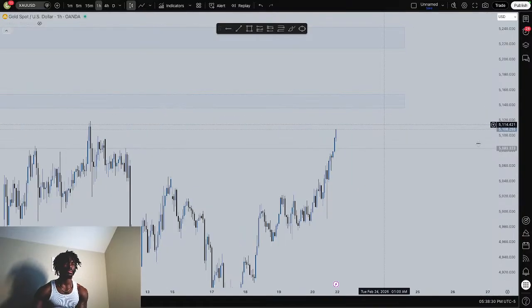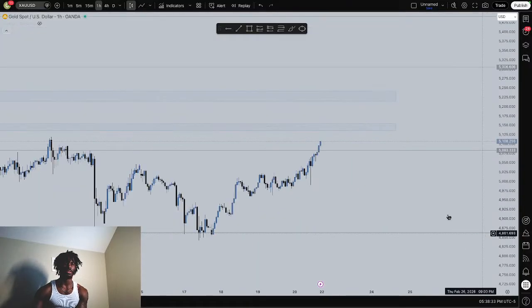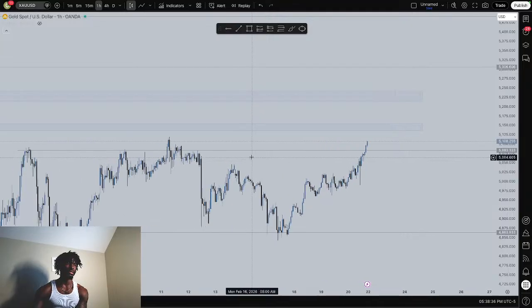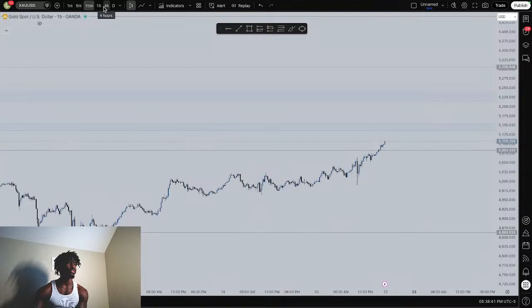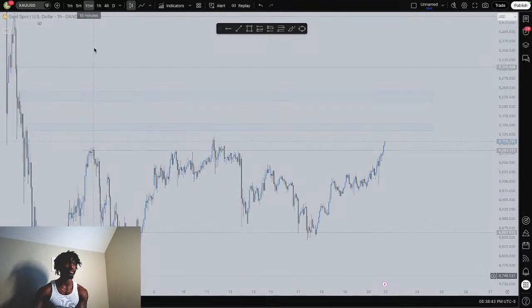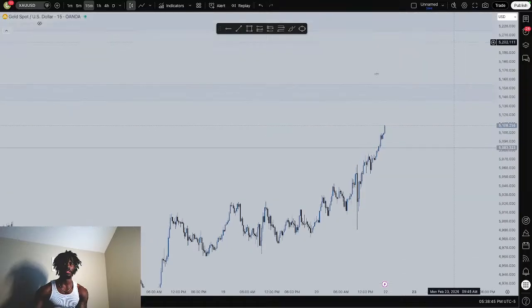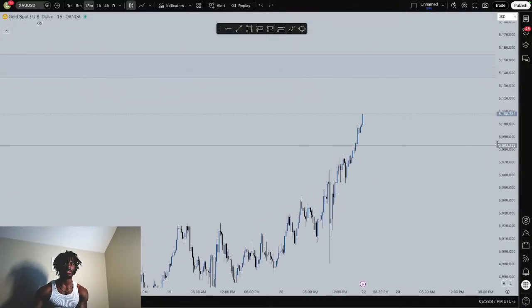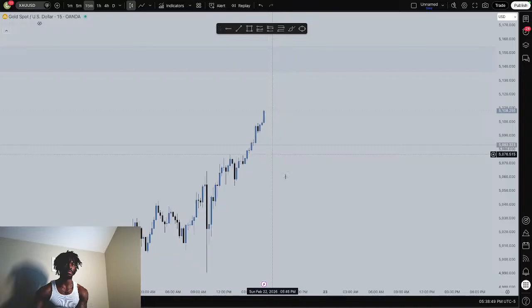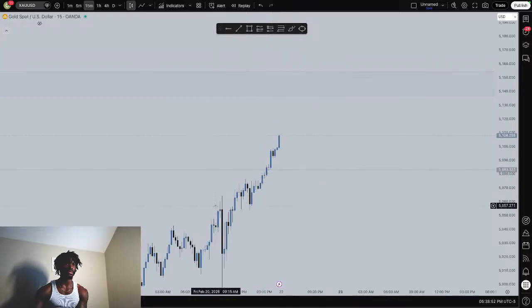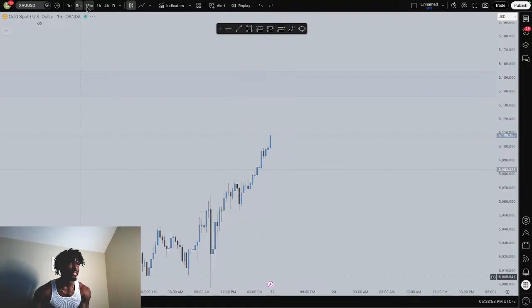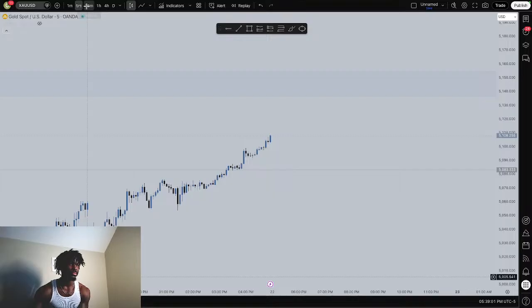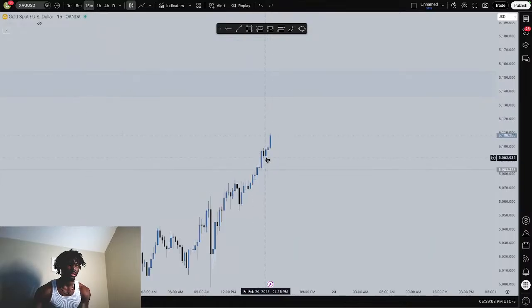So I have my key areas marked off. I know that gold is currently bullish, currently looking for buys, currently trading above support. Now that I have everything identified in the key areas that I'm going to look to target, now it's just a matter of finding a setup to get in with this current flow. There's this minor higher high, higher low. Looking at the structure, price came down.